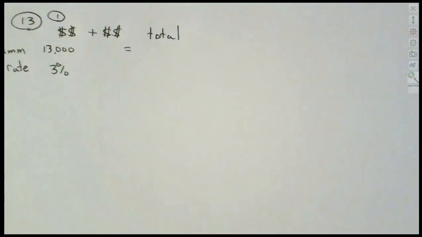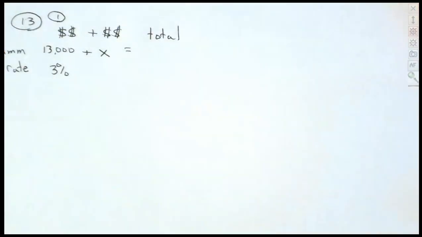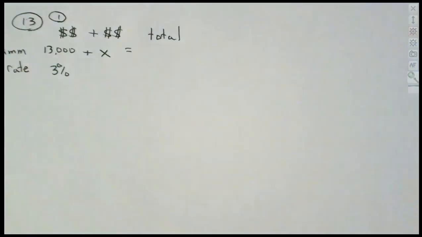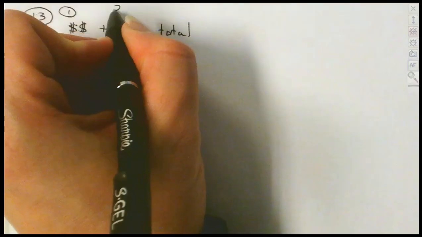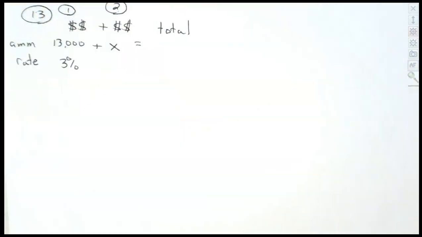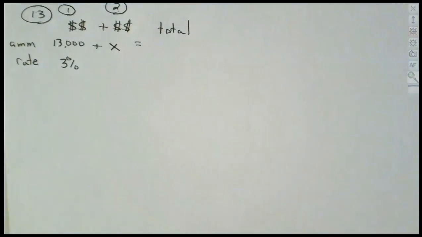Now, we want to add in some extra money. It says, how much additional money? So we don't know how much we're going to add in. So we're going to put the X there because that represents the additional money. We don't know how much it is. So we're going to represent that with X. And that goes in a different account. And this different account, it pays more.